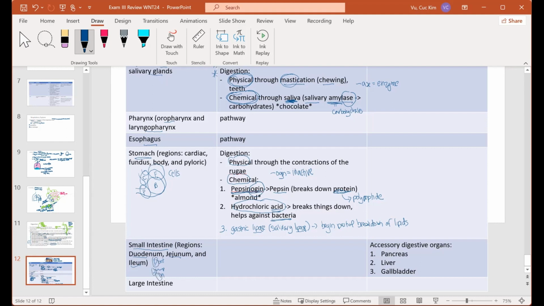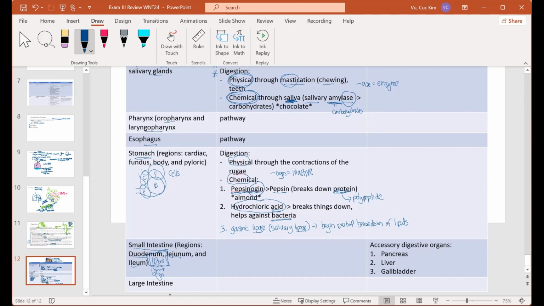Now, different things happen in different areas. If we're looking at digestion, the majority of digestion in the small intestine is going to happen along the duodenum. By the time the food moves through the jejunum and ileum, there shouldn't be that much more digestion happening. So digestion primarily happens in the duodenum.